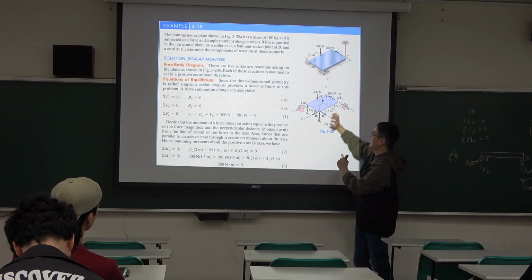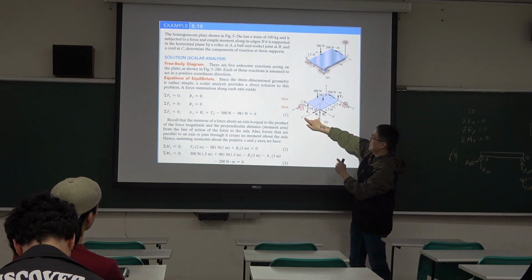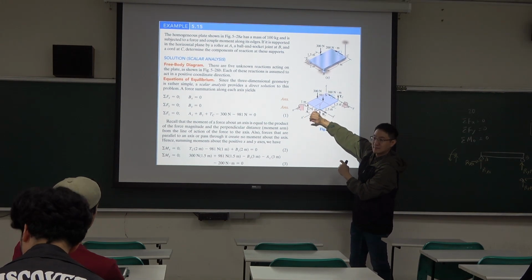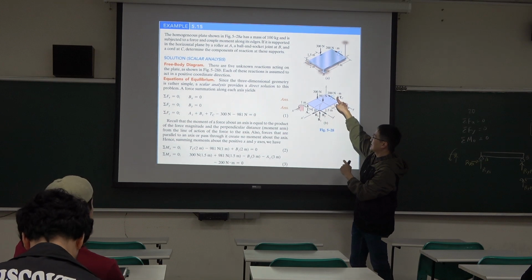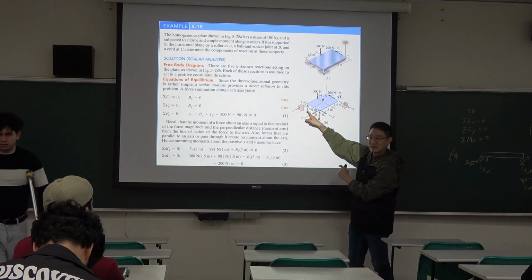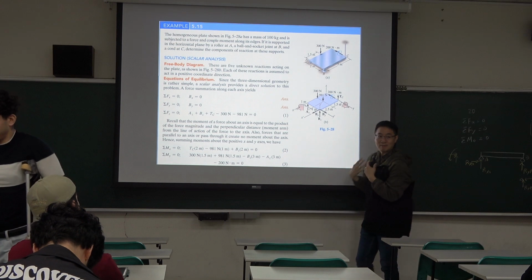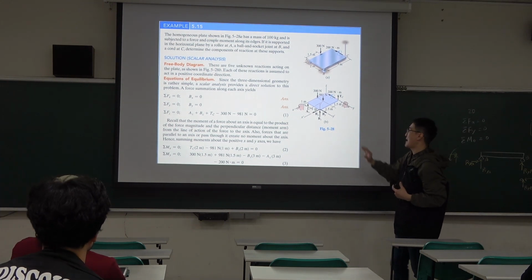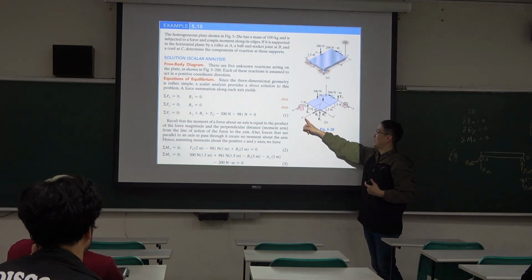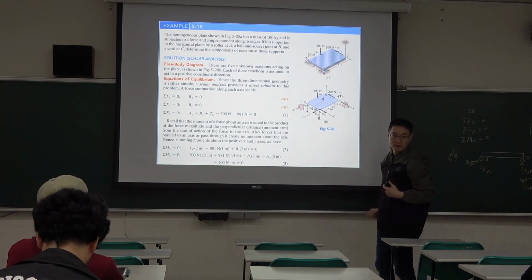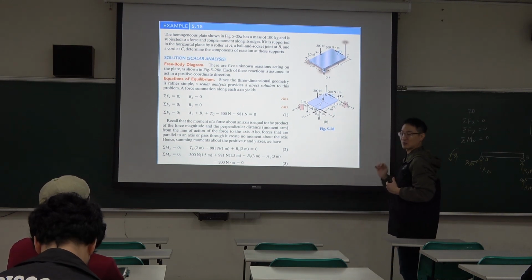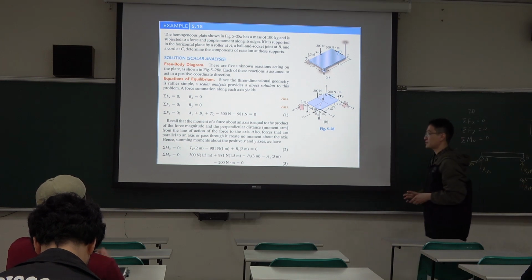The other way is we take a moment about X prime. So we can eliminate the unknowns in this part and this part. We can work out Az. So from my observation, I prefer starting from X prime and Y prime, these two axes, to work out a solution because it can help us reduce unknowns.